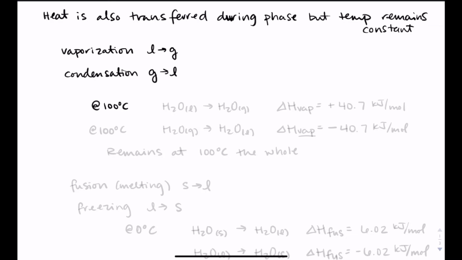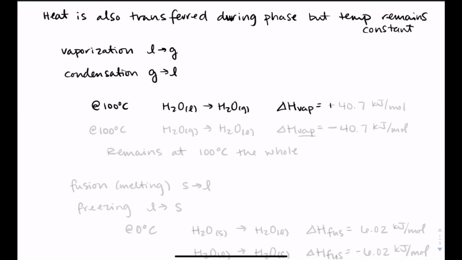At 100 degrees Celsius, if you want to go from water as a gas to water as a liquid, the amount of energy that's given off is negative 40.7 kilojoules per mole. And this is just called the enthalpy of vaporization still. So for phase changes, you'll be given a value for one direction of that phase change, and you will need to know when to use the opposite sign.